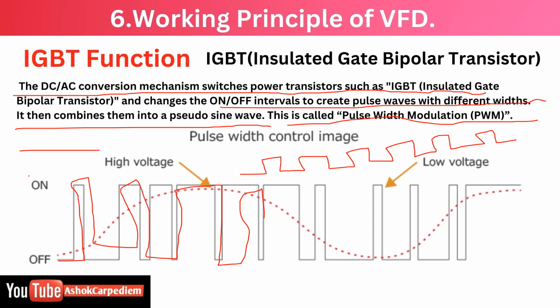So when this particular current is transferred through this IGBT, it will form a sine wave like this. See, it will convert this into this sine wave. You can see the dots here, right? It is connecting these dots. This is the main function of the IGBT. You can write it: it is changing the on off wave into the pseudo sine wave.